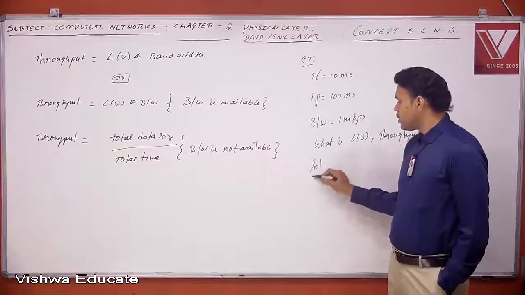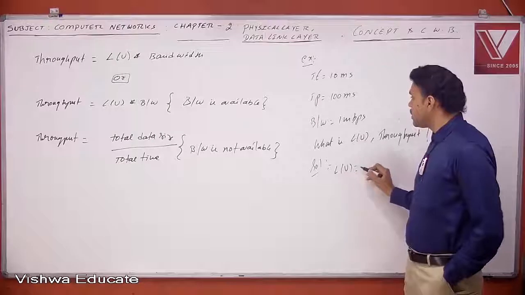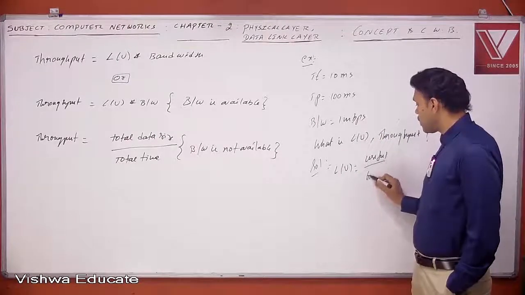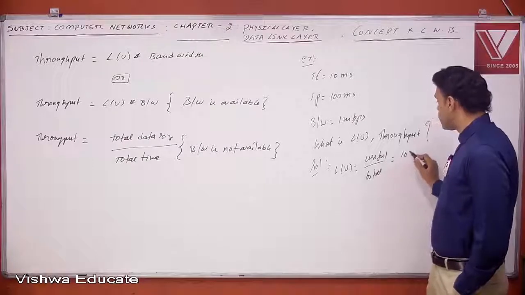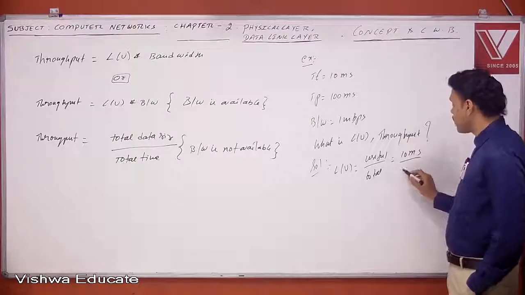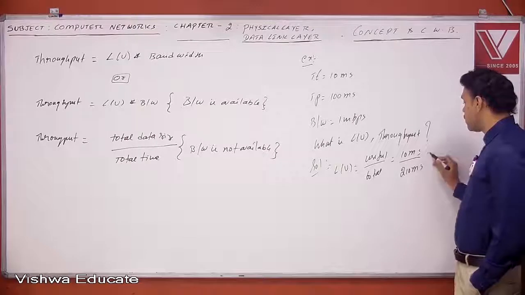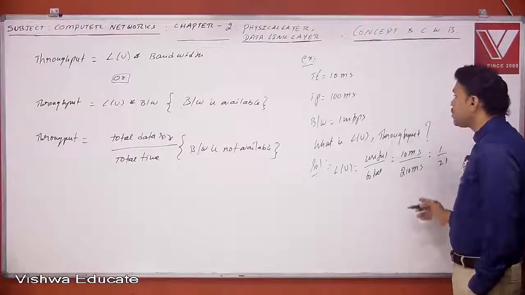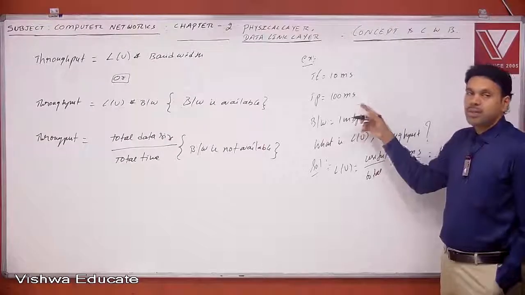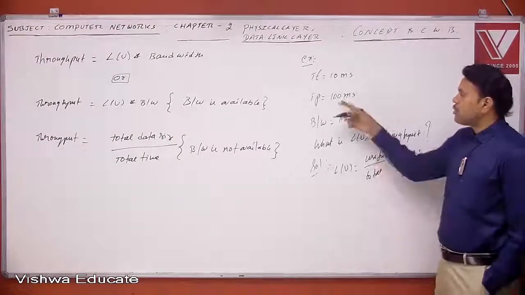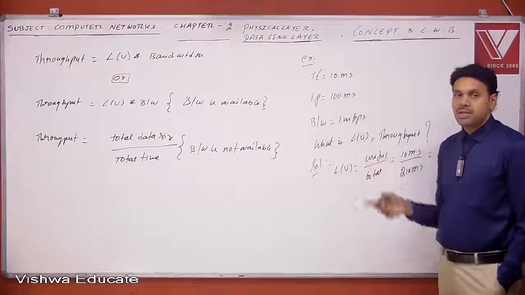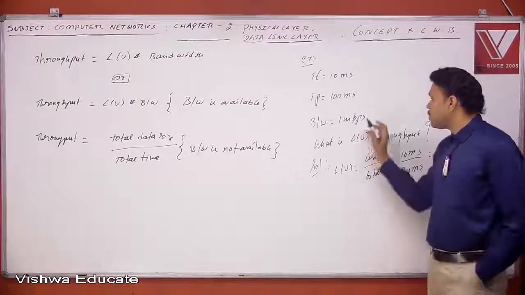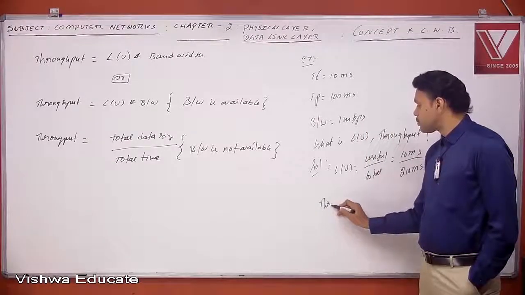So the solution: link efficiency is nothing but useful time divided by total time. So 10 ms by 210 ms, that equals 1 by 21. Why 210 ms? Tt plus double of your Tp. Double of your Tp is 200 and Tt is 10, so it is 210 ms.